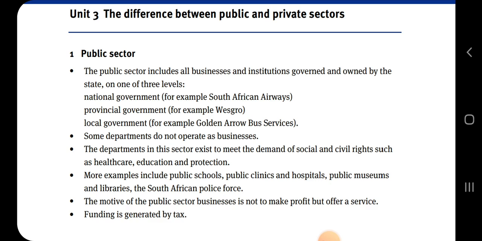The departments in this sector exist to meet the demand of social and civil rights such as healthcare, education, and protection. So the police is not a business. The state did not start a business by having a police station or a hospital. It's just a service to render a civil rights service to people. Examples include public schools, public clinics, public hospitals, public museums and libraries, and the South African police force.